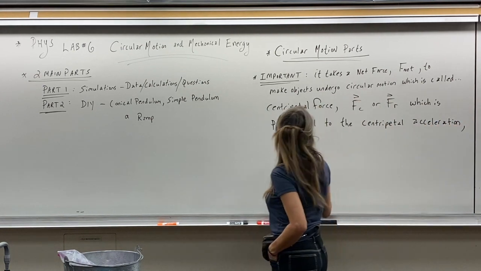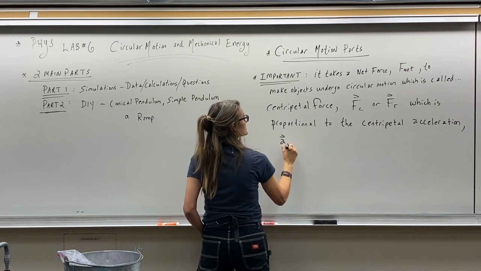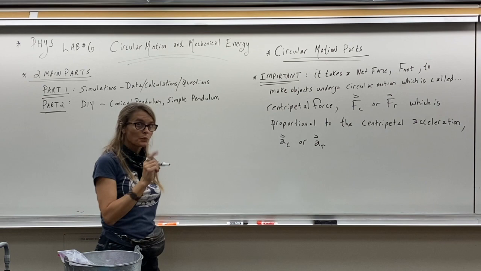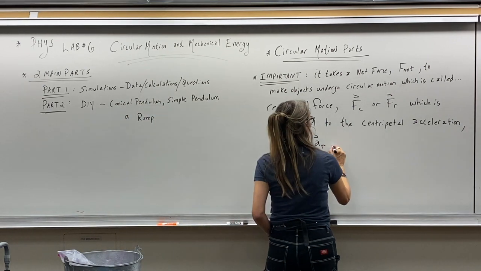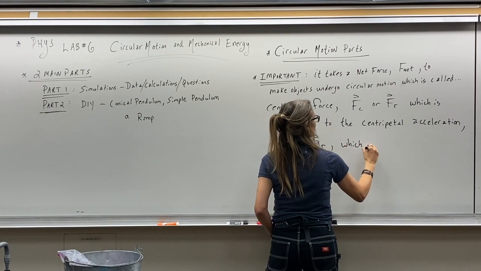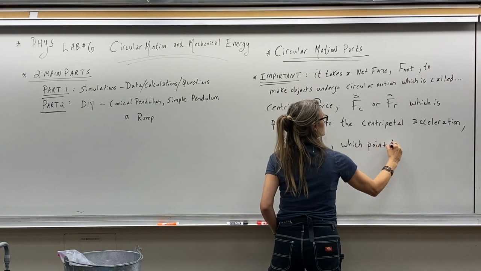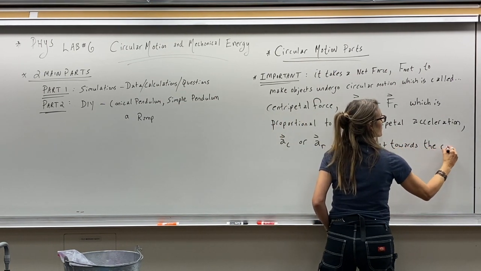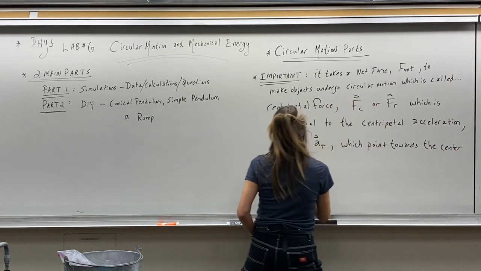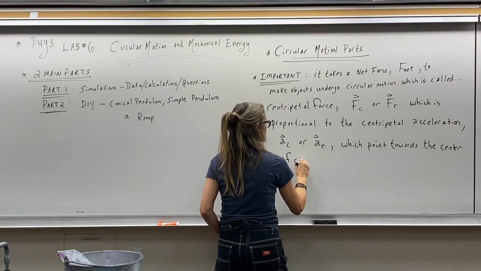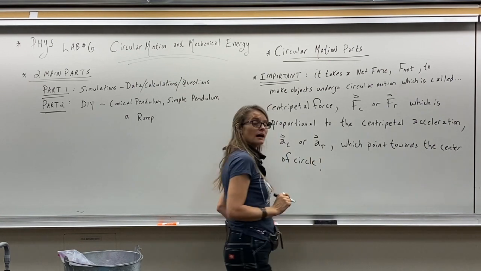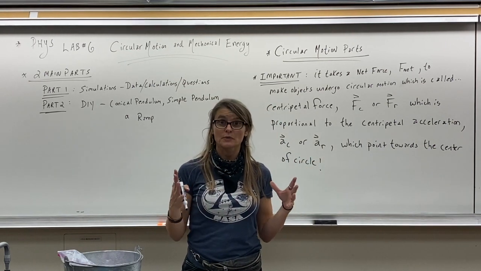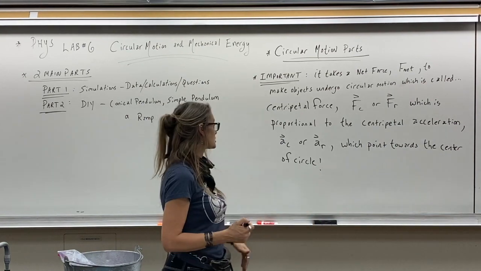And we have the notation AC, or the radial acceleration, which points towards the center of the circle. This is important when we're doing the problem solving, especially when we're looking at these different simulations. When we're doing our free body diagrams and our equations of motion, we're going to have a radial direction.